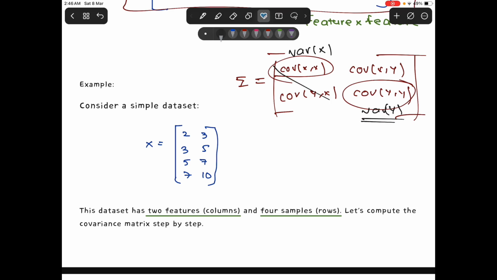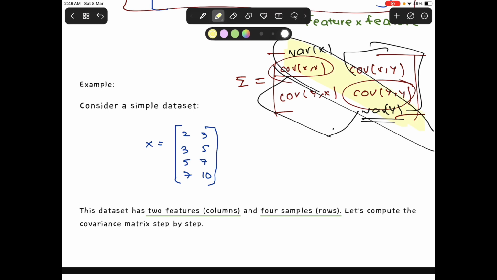So all the diagonal values will be variance, and the others will be covariance. This one and this one will be covariance, and this will be a symmetrical matrix. Okay, so I have written this for only two features.